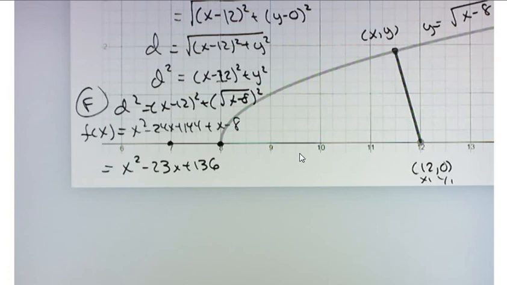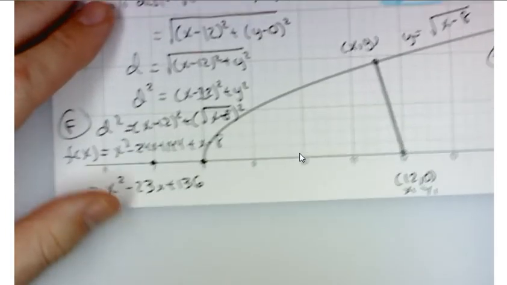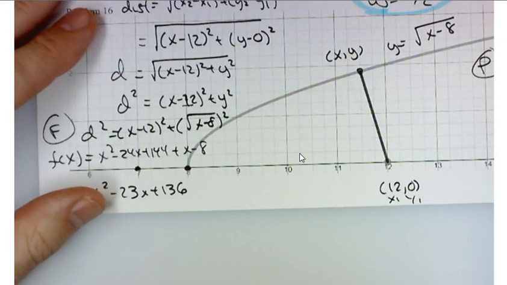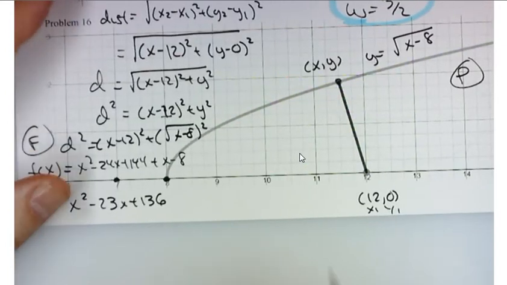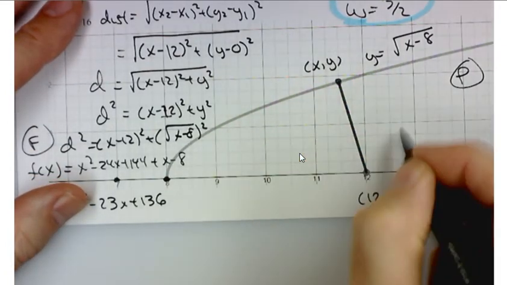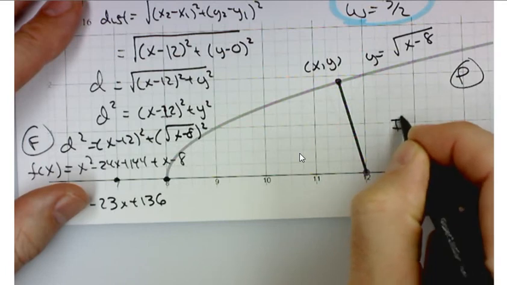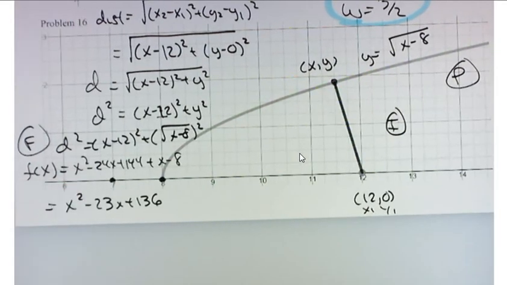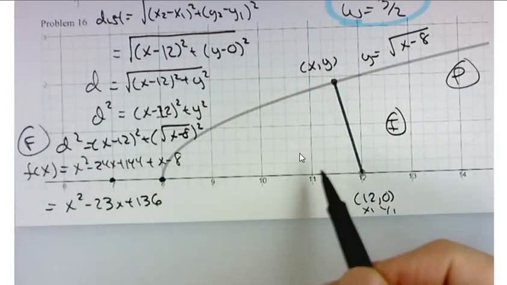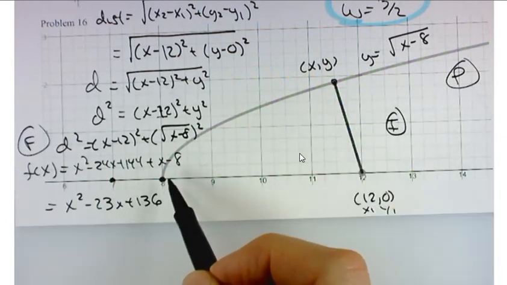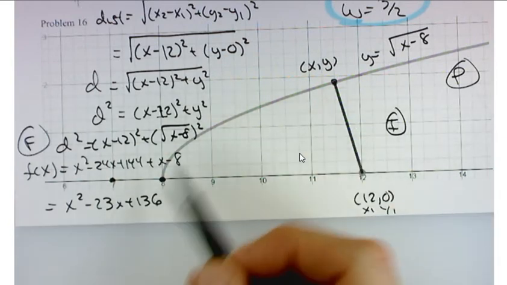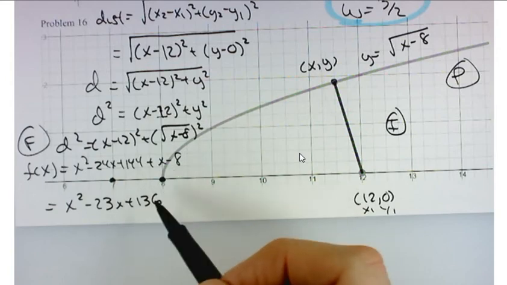Okay. So what about our interval? What values can x be? Can x be just anything? What's the limits on x? Yeah, x can't go below 8, right? Because otherwise you're not on your parabola anymore, or this half of a branch of a parabola.